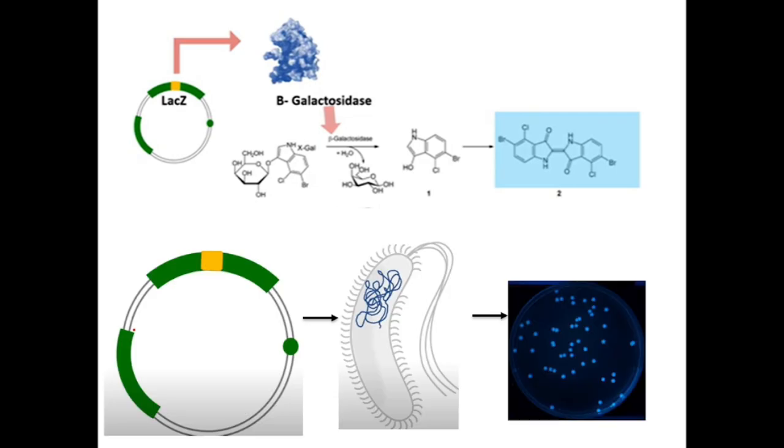If the bacteria are transformed with a plasmid having intact lacZ as a marker, then the bacterial colony would be blue in color, because beta-galactosidase is active and it converts X-gal into a blue color.